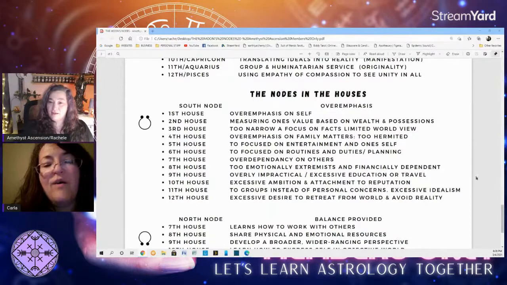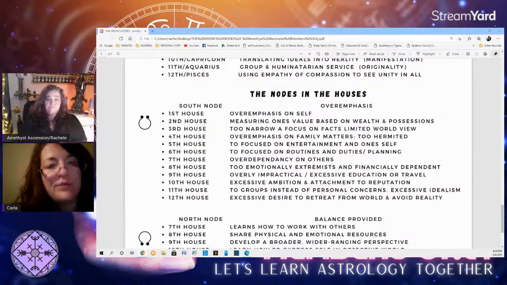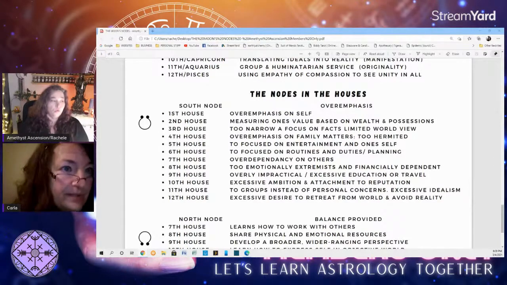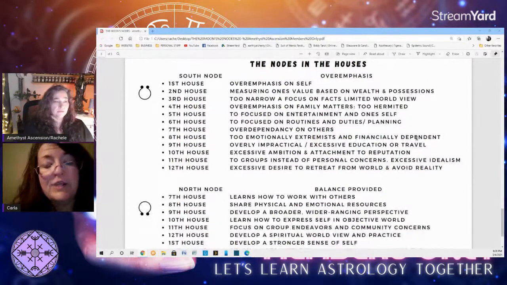So what you're doing is you're finding your north node, and then you've got it just right. If your north node is Libra, then your south node is Aries. So then you find where it is in your house, and that's how you figure it out as you go down. You merge them together. Yes.